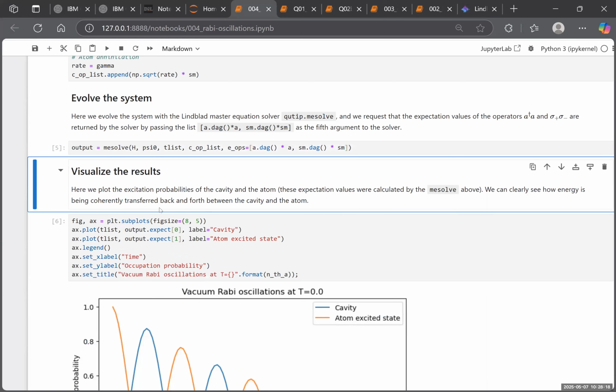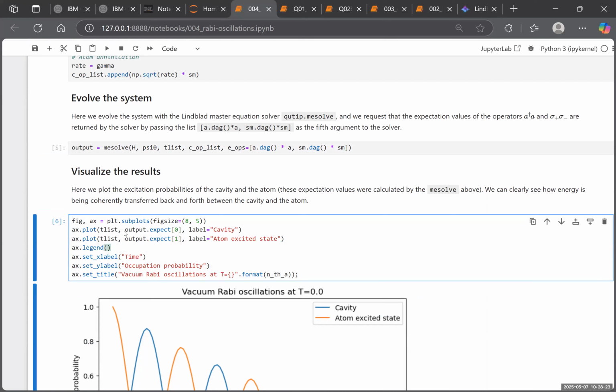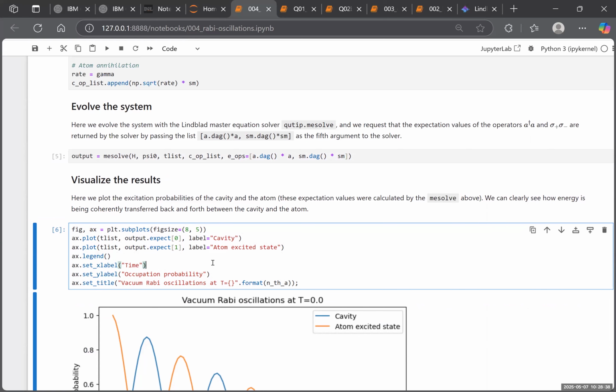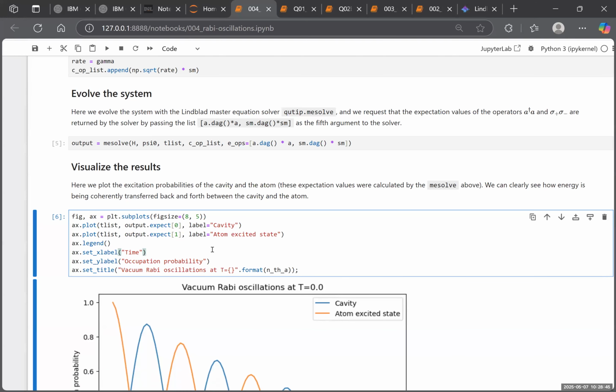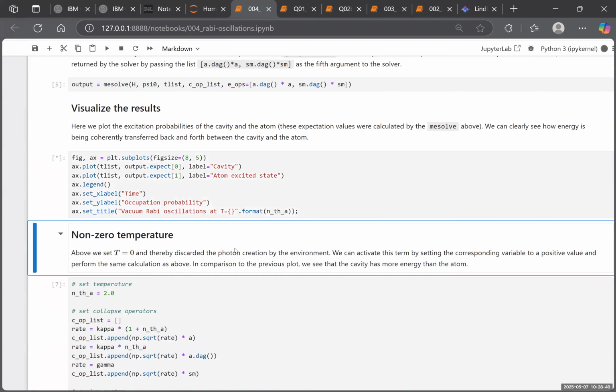And it's very quick. You plot that. So what we are plotting is the first expectation, that's the number operator of the cavity, and expectation 1 is the atom excited state. So it starts with the first diagonal element and measures the probability of still staying there.